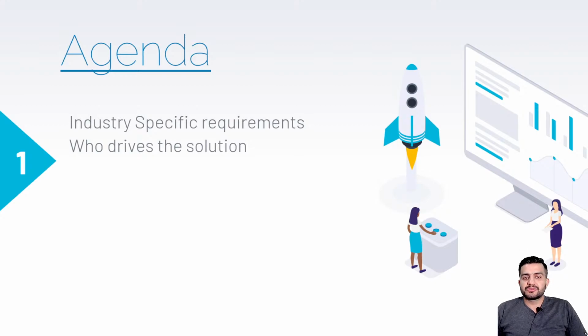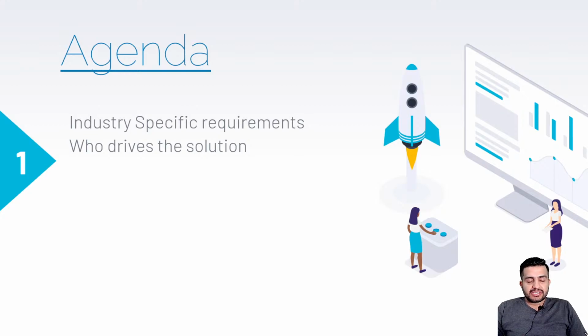When I say industry specific requirements, I am talking about individual industry specific problems. Suppose I'm working for a bank, in the finance industry. Am I bothered whether Virat Kohli will make a century today or not? Might not be. My problem statement is confined to fraudulent transactions and the like.